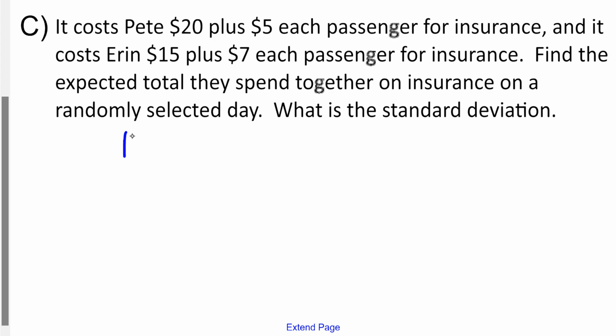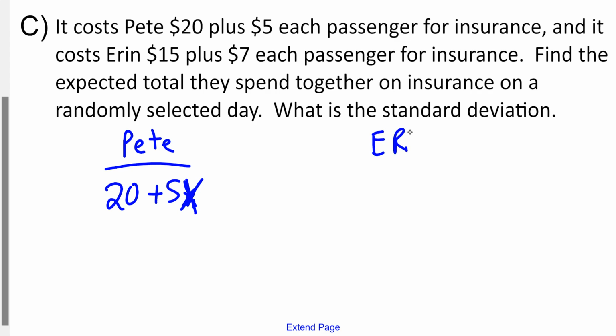So let's take Pete's. Let's just say his is 20 plus 5x. Or I could do capital X because I'm dealing with every, depending on the thing. For Aaron's, it is 15 plus 7y. We want to know a total cost adding them all together.